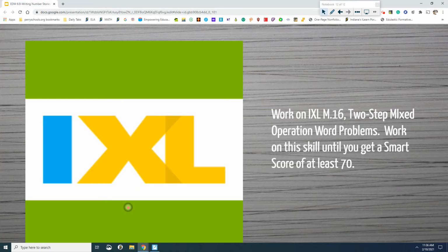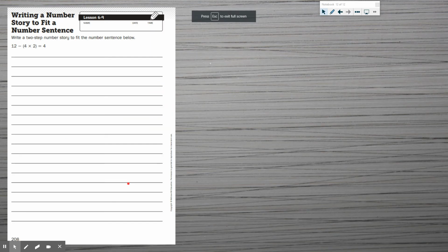Now, there's another thing. You are going to be writing your own number story, and this is the number story that you're going to be writing about. 12 minus the quantity 4 times 2 equals 4. So when I like to write my number stories, I think about what I like, some different things that I play with, maybe different foods, different teams like we just talked about, different dogs.